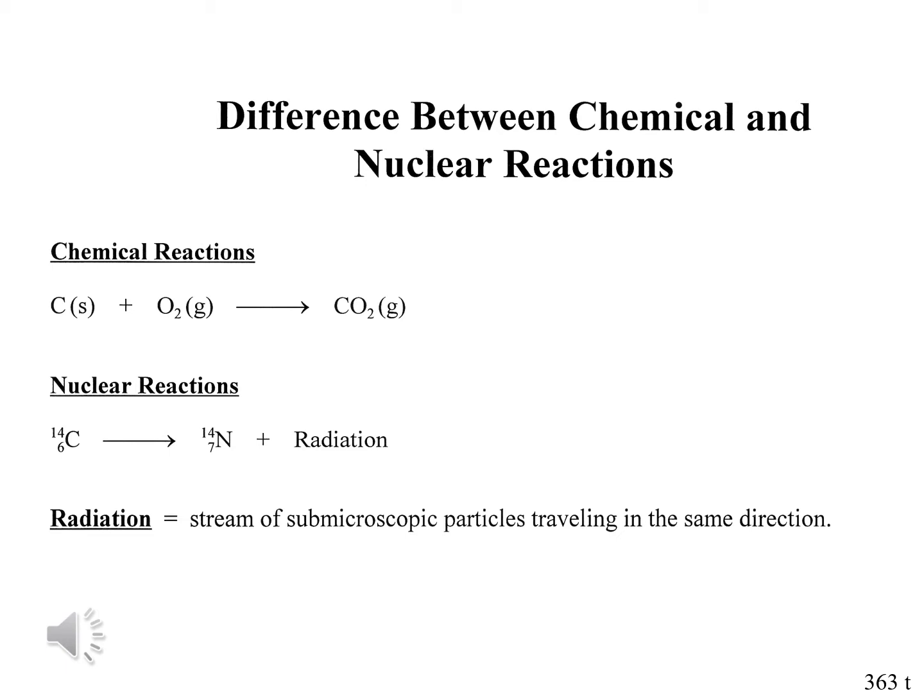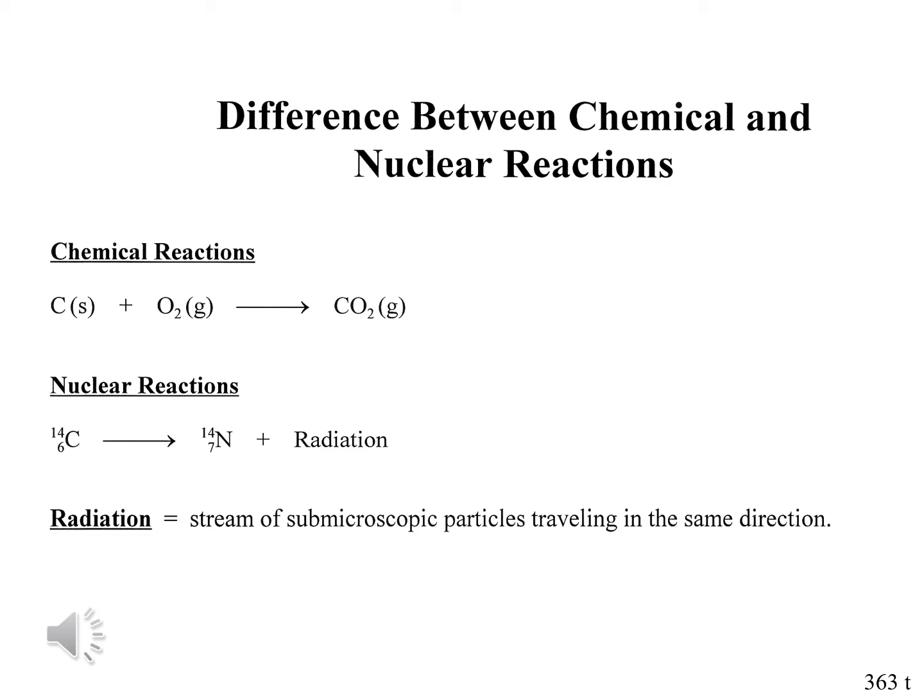In a covalent reaction, they form shared bonds, covalent bonds. In a redox reaction, you can transfer electrons from one substance to another, but in either one, the nucleus is not involved. It's the same on both sides.